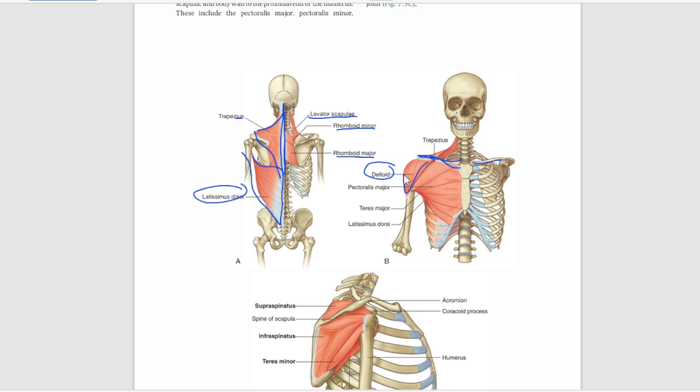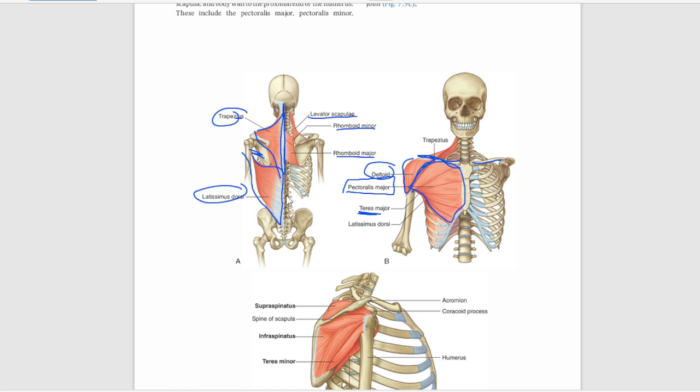I will show the deltoid in the image, in the app. This is the pectoralis major. Pectoral means chest side, and this is present on your chest side. Below the pectoralis major, if you remove it, you will see the pectoralis minor muscle. Here is the teres minor and the latissimus dorsi, and also teres major.